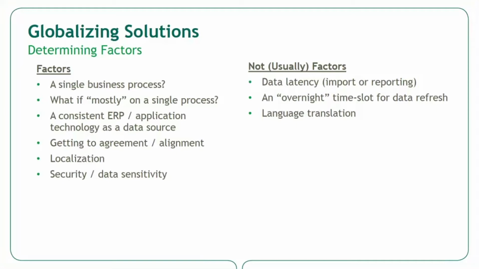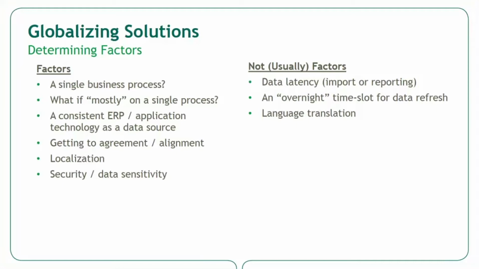We have data latency, which usually isn't affected by a move to globalization. It's likely that your data latency for an ad hoc regional report is probably going to stay the same after a move to globalization, assuming you're not making any changes to your solution's data source. Refreshes can be scheduled as needed and on a report-by-report basis, so there's generally no need for one single global overnight refresh window.